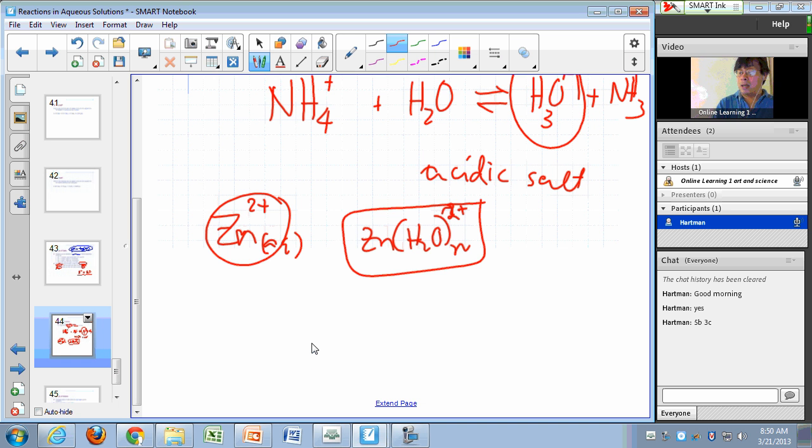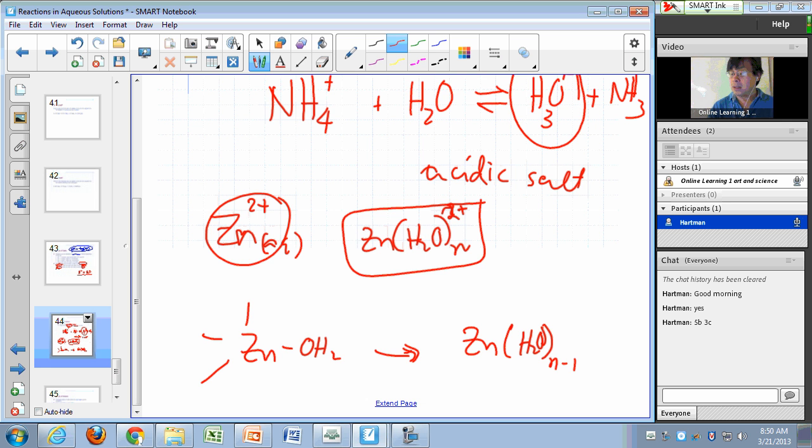One of these water molecules, when it's attached to a zinc ion, can readily produce a proton. So you get zinc, in this case, (H2O) n minus 1, with one of the water molecules ending up being OH, and then that produces H plus. One of the hydrogens can break off from these water molecules that are attached to your zinc.